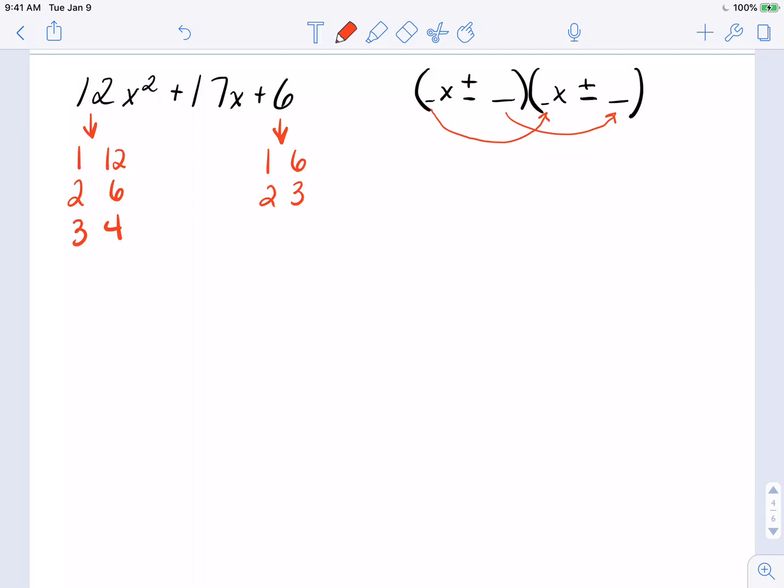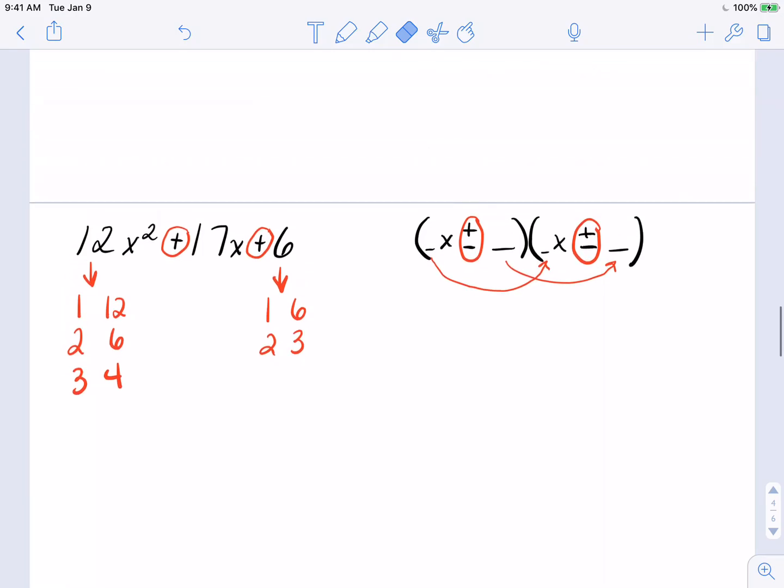One thing I will point out is that this sign here and this sign here tell us what signs go here. All right. Positive, let's see. That positive says that you have the same sign in both binomials.